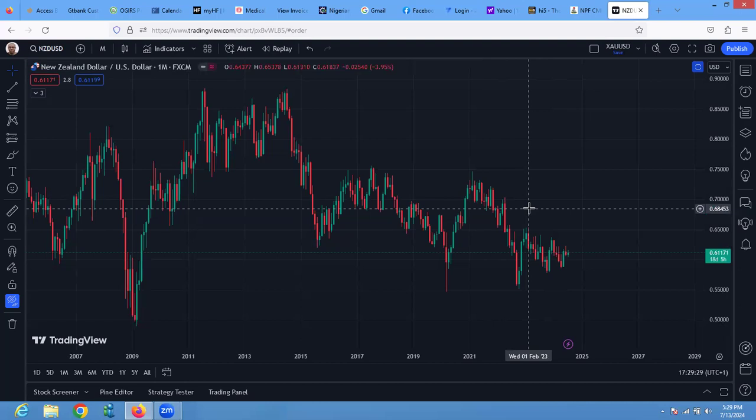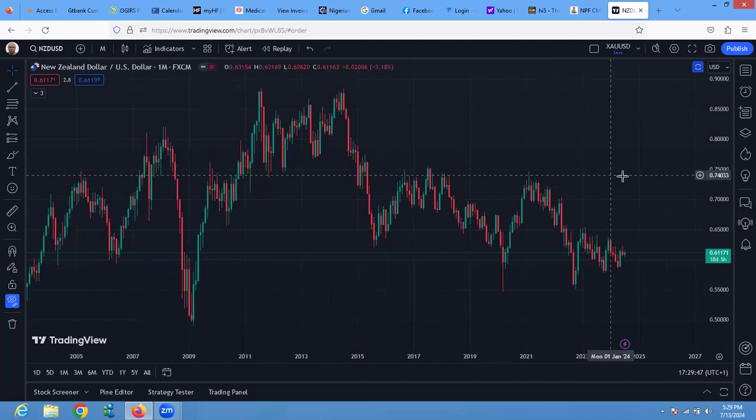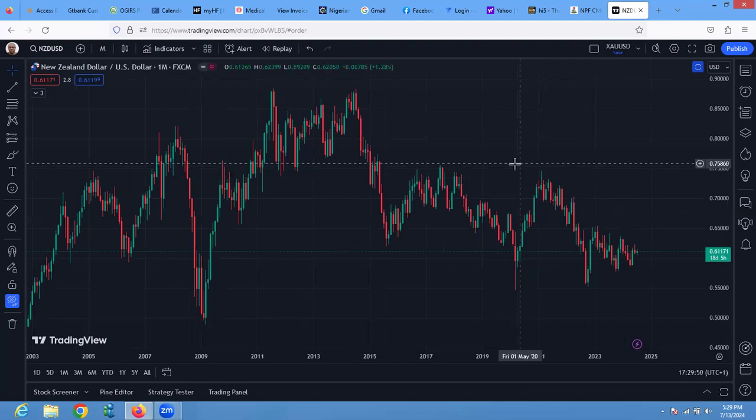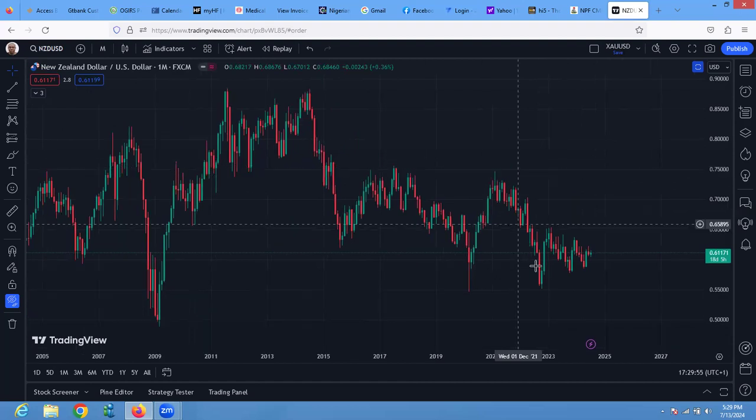See, I'm trying to let you see. The eventual direction is to the downside, but we are not done correcting. So what we are doing now, we are correcting the wave 2, and we're going to see another impulse of wave C. So now, like I told us, when this came down here, when this came down as the first wave to the downside, we saw a move of this wave 1, A, B, C of a 2.